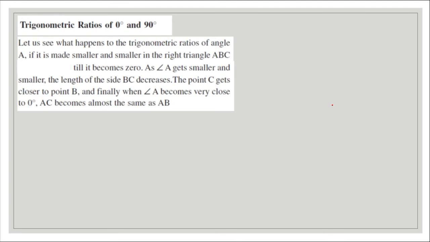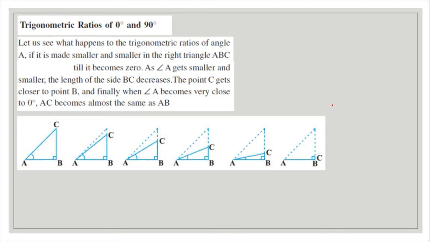As angle A gets smaller and smaller, the length of BC decreases. The point C gets closer and closer to the point B, and finally angle A becomes very close to 0 degree. It is explained through this figure here.